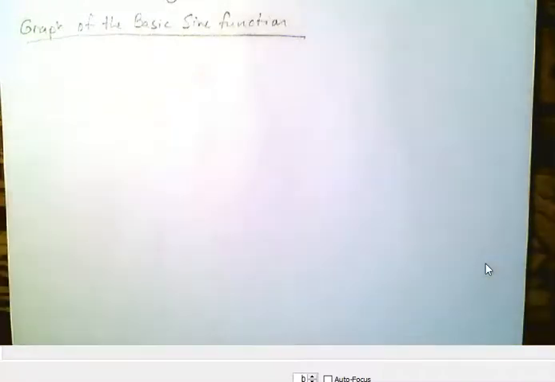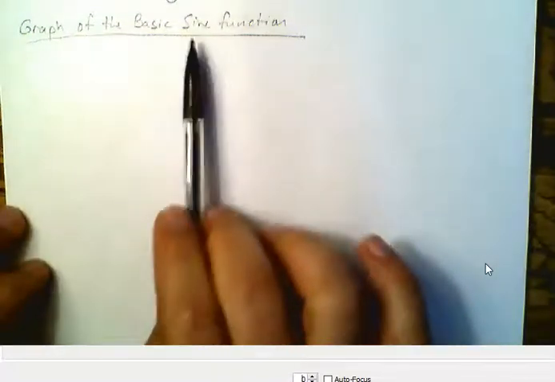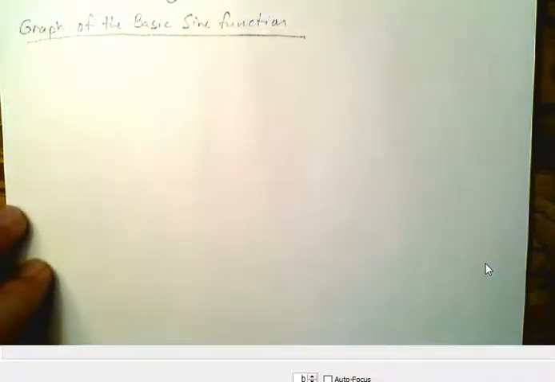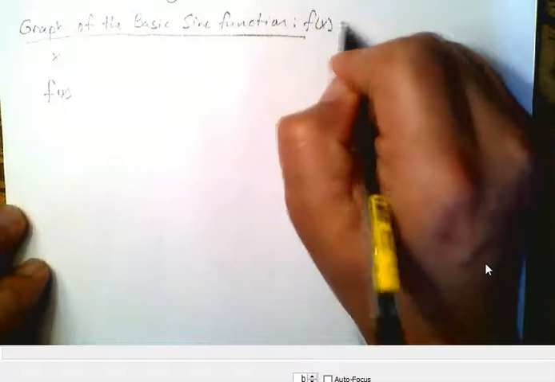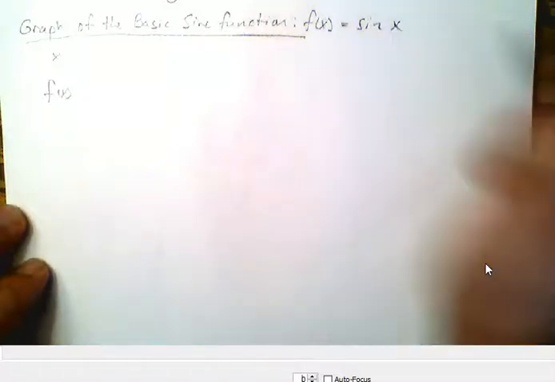All right, so what we want to do is create a table of values for the sine function by simply pulling these values off of the unit circle for various angles, okay? So what I'm going to do is set up a table of values. So let's say x and f of x. Because our basic sine function we'll define as f of x equals sine x, right?